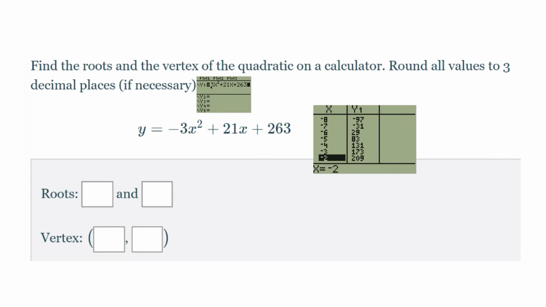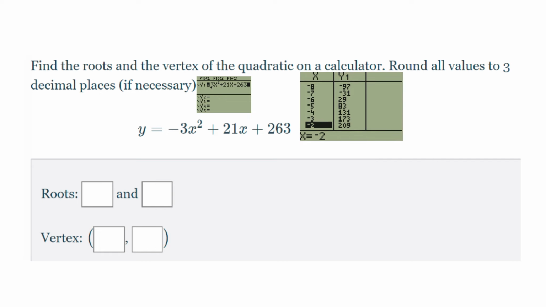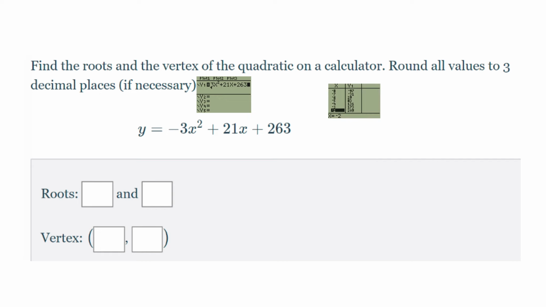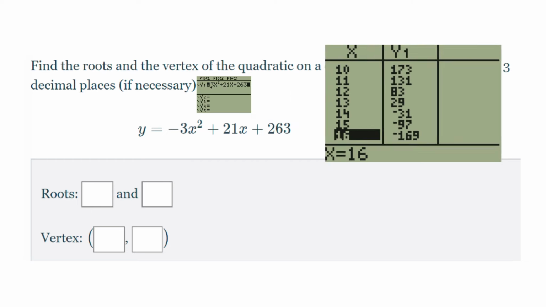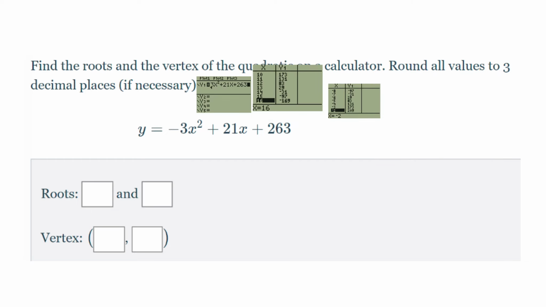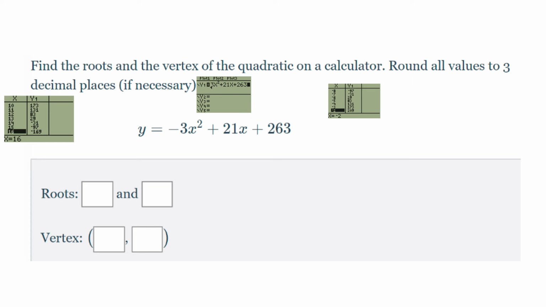That means there's a 0 in between there, because you can't go from negative to positive without crossing 0. And I'm going to scroll down and see if there's another one somewhere. I know there is because I saw the graph. There it is, round about between 13 and 14, right? So we'll keep that in mind, put those to the side and look at it.